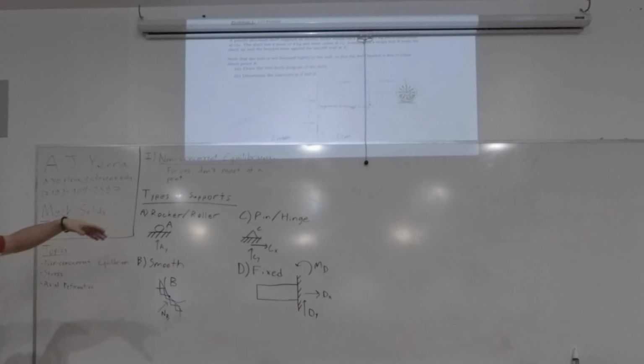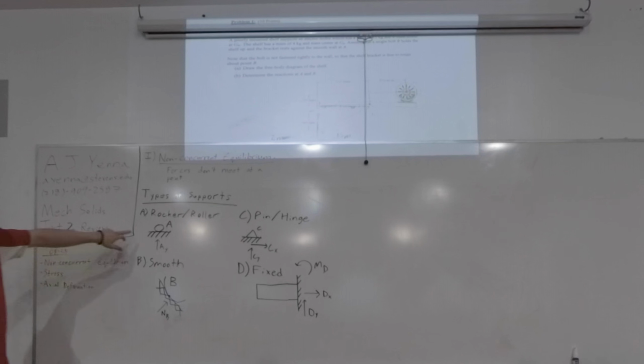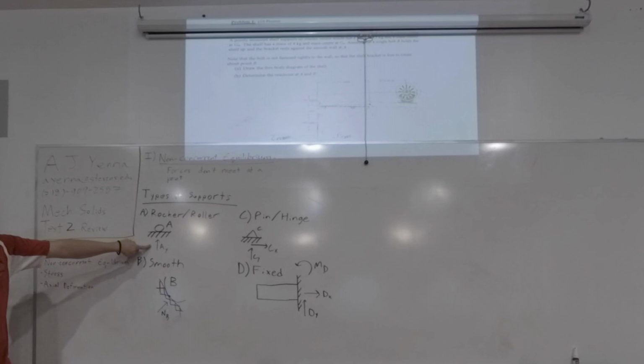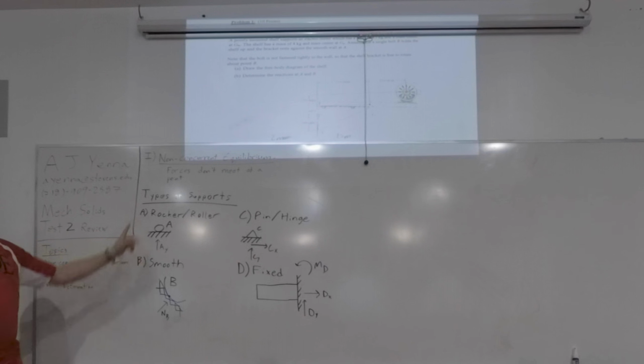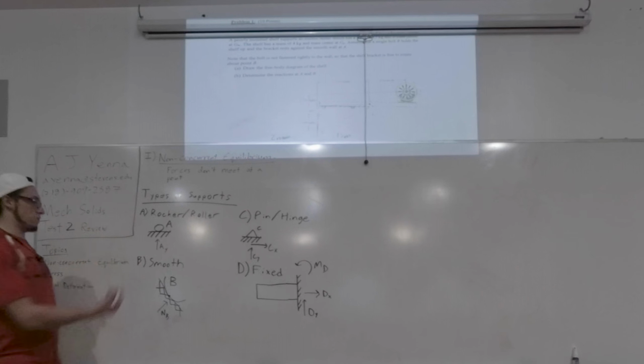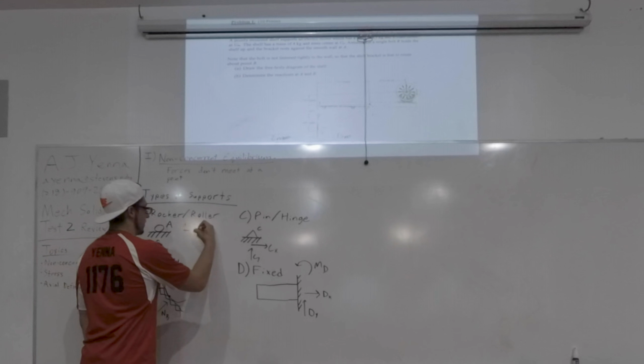So going through the different types of supports, the first is rocker, roller, whatever you want to call it. I think most people call it a roller. This is the symbol for it, and you have one force going perpendicular to the plane of the roller. That's it. So when you solve for it, you only get one unknown.